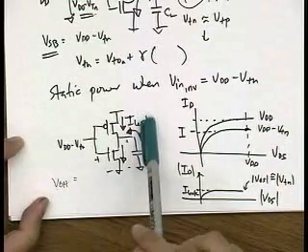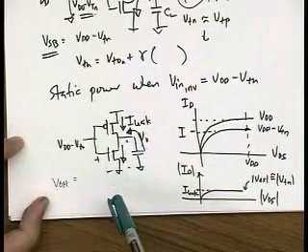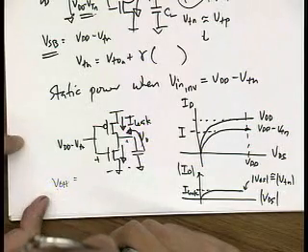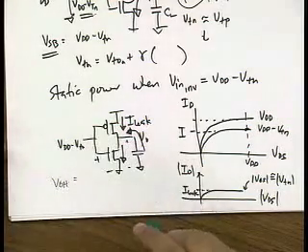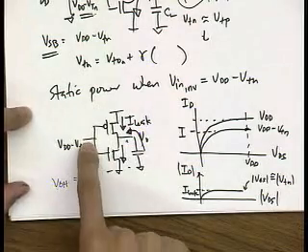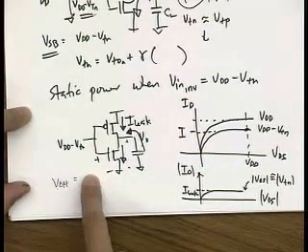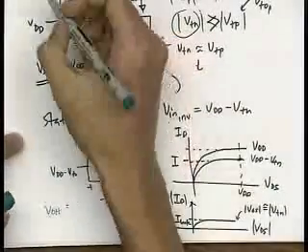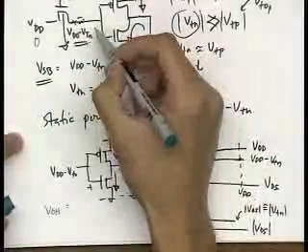What's the VOH here? How low can the pass transistor pull this down? So if I put in 0 here, what happens here?